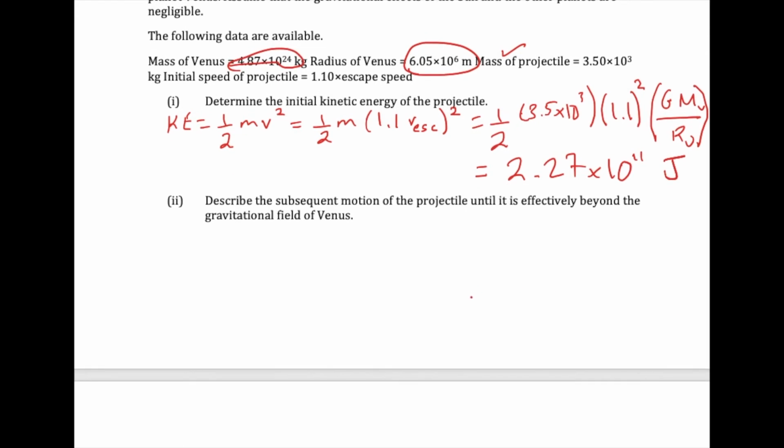To describe the subsequent motion, what happens when you launch a mass from the surface like that? Well, it will be moving away from the planet, where acceleration, which is actually gravitational field strength, should decrease.